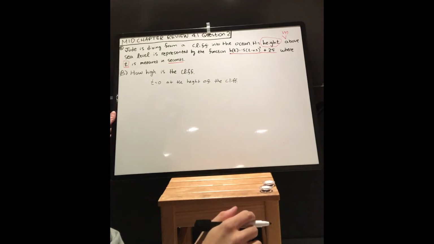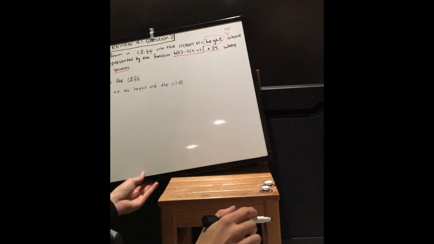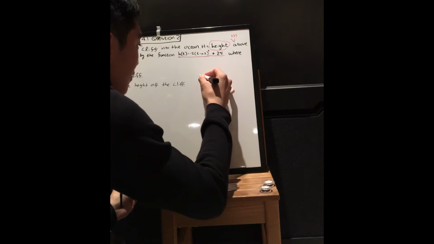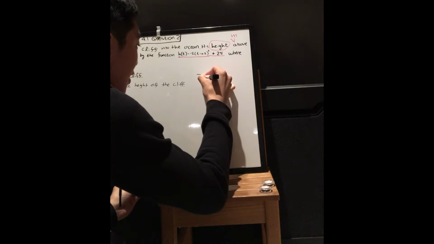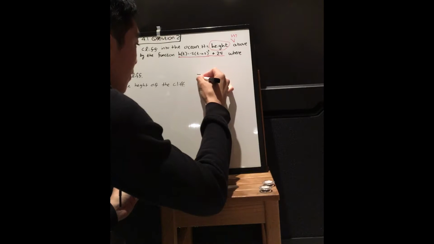To understand this better, I'll draw you a little diagram. So there's a cliff. Let's call it cliff. And you have Jude standing right here.